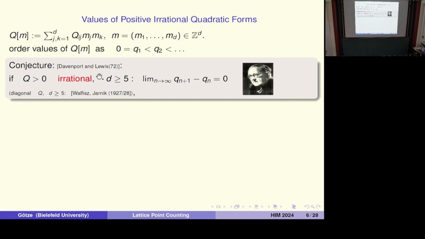So the consecutive distance certainly goes to 0, and then goes to infinity. And for the diagonal case, this was long done by students of Landau, Walfisz and Jarnik in something like 27, 28. But the question was what happens for general matrices.